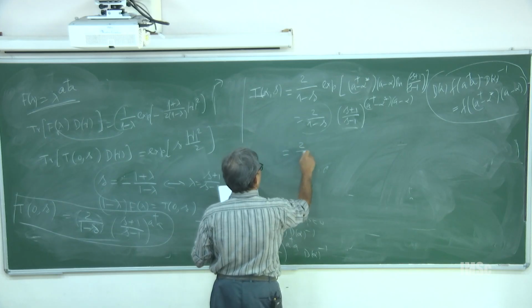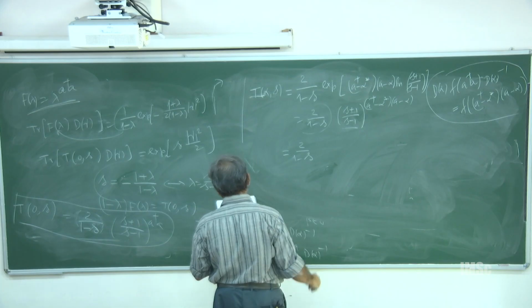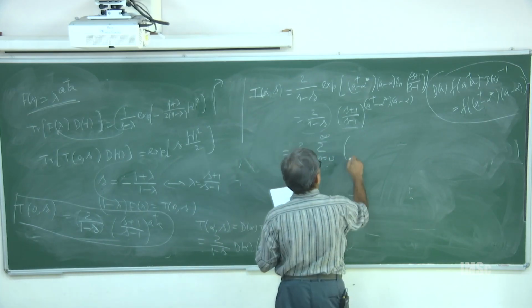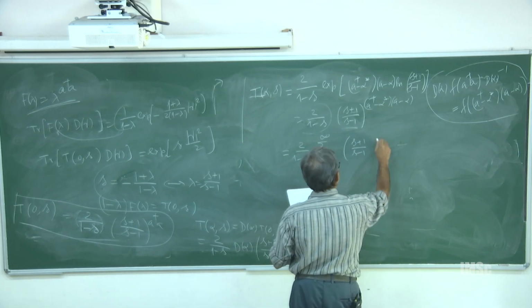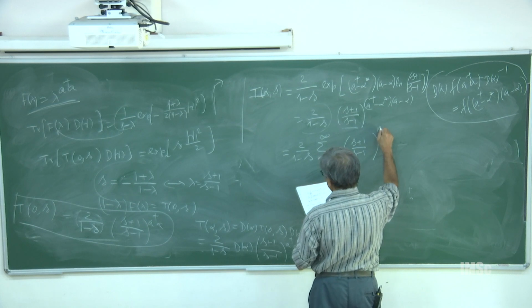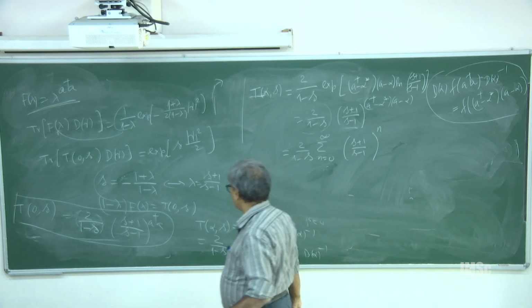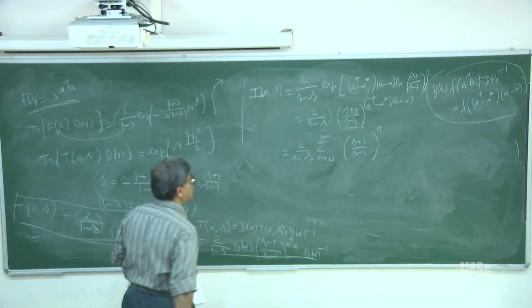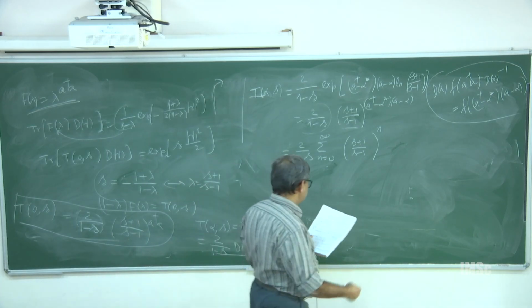So, 1 minus s, you take the number operator basis, n from 0 to infinity, (s plus 1 by s minus 1) whole to the power n. You know, this comes from here like this one.